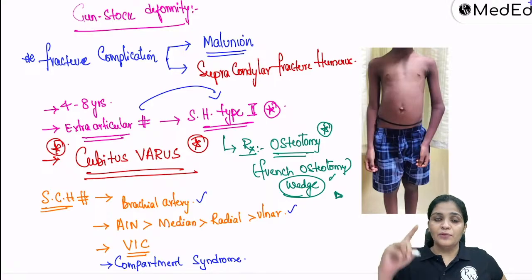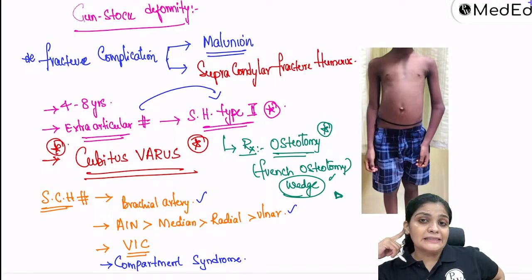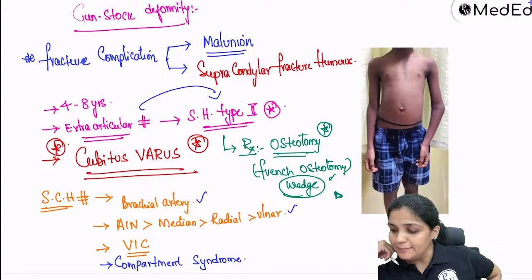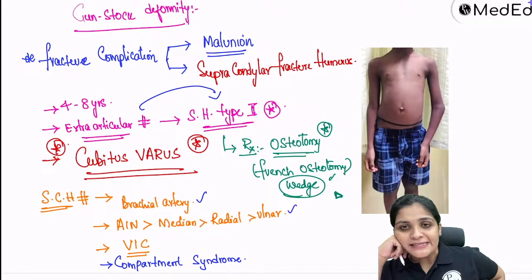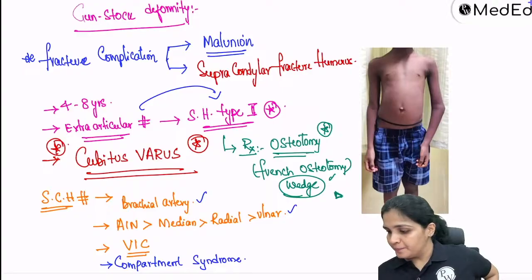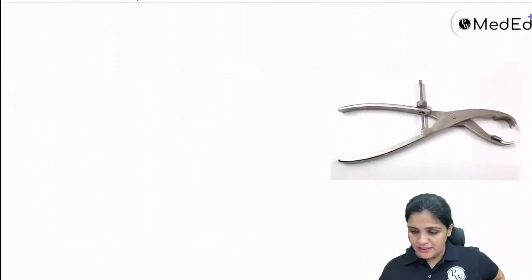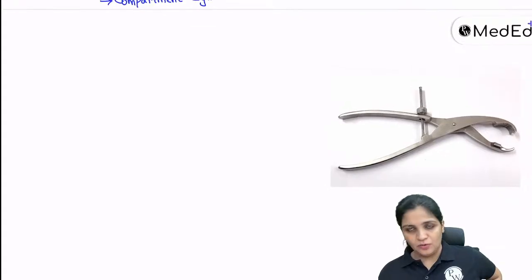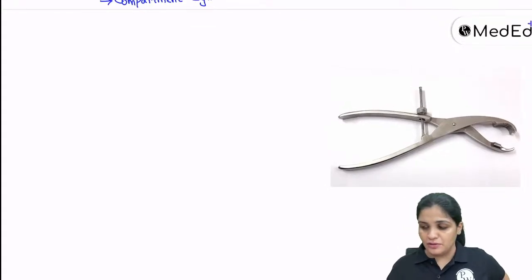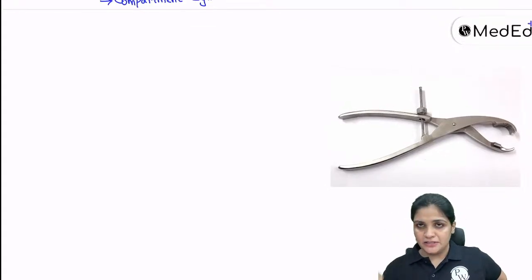So supracondylar will fall in type 2, where the metaphysis is involved. The metaphyseal fragment is called the Thurston Holland fragment.